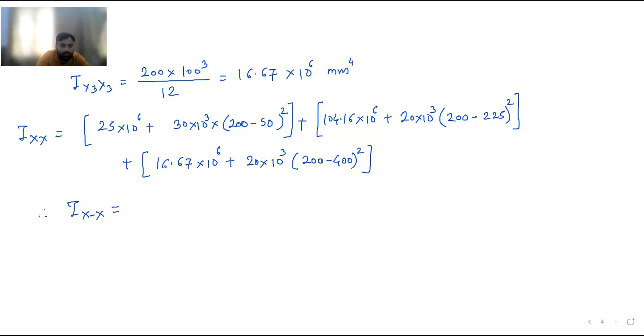So here it is 25 into 10 raised to 6, plus 200 minus 50, it is 150 square into 30. So the first bracket is 700 into 10 raised to 6, plus the second.